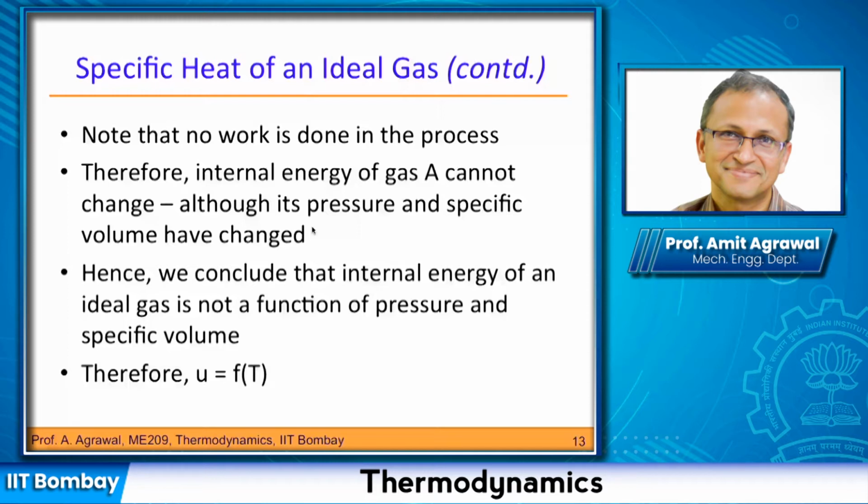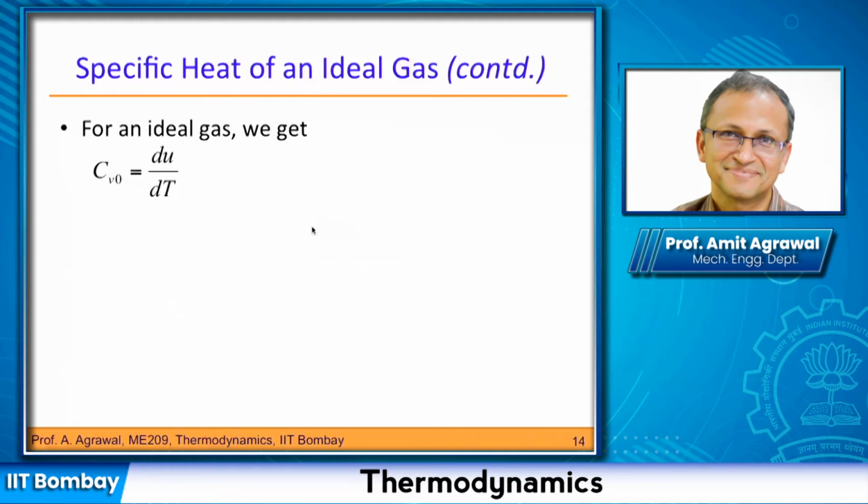So for an ideal gas, this is essentially what we are writing. Earlier we had a partial derivative, but since it is only a function of temperature, we can write du as a total derivative now, because we have already shown that it is only a function of temperature and not other quantities.